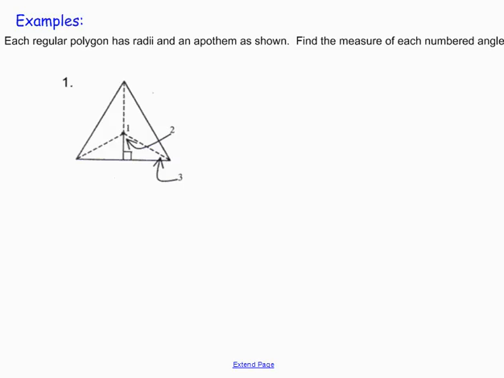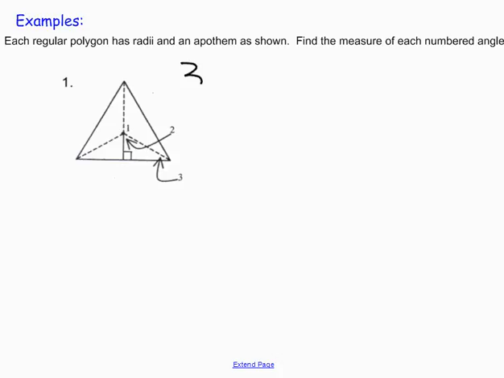When we're looking for the apothem, it also splits the angles up into special angles. So when we're looking for the angles of these shapes in here, we are looking to, first of all, divide 360 by the number of sides.